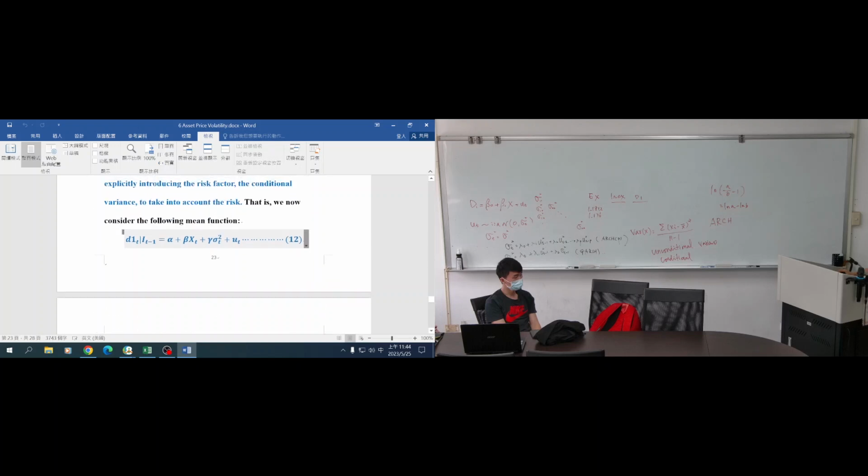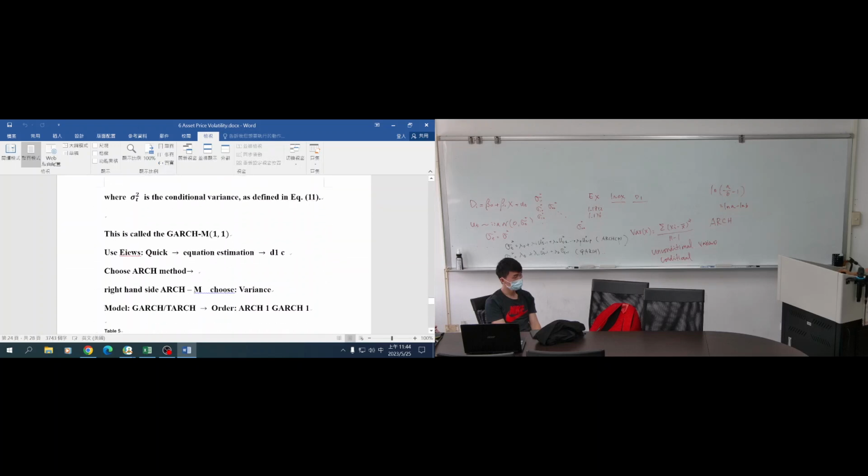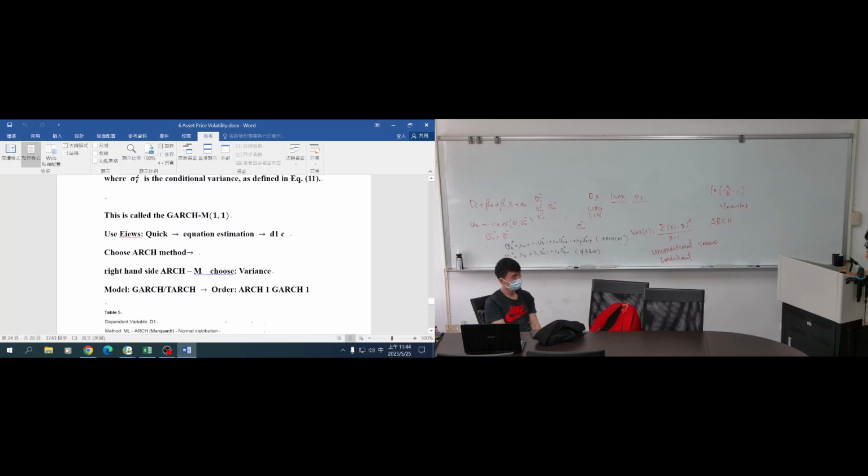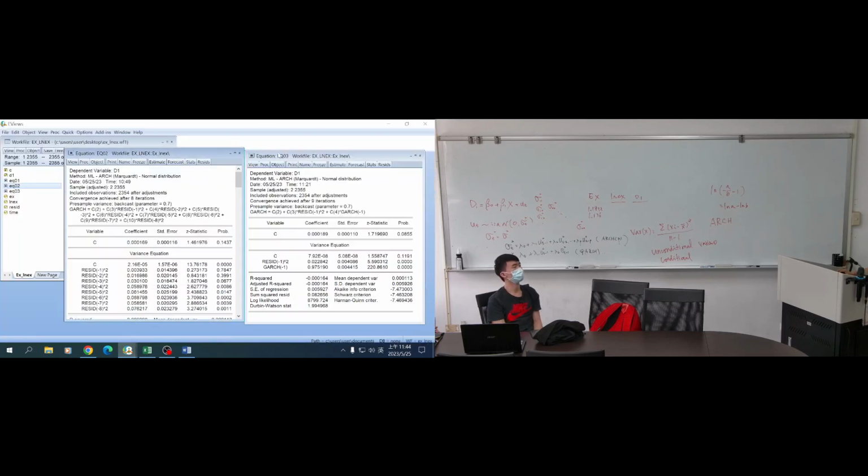How do we get this one? Okay, so let's try. Using ARCH, order one, and choose variance. Let me show here. Let me turn this off. This is equation 2, equation 3.